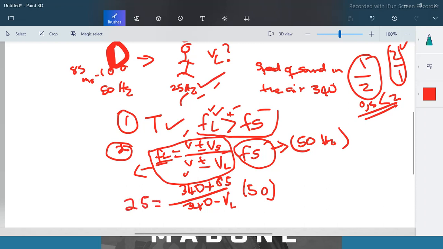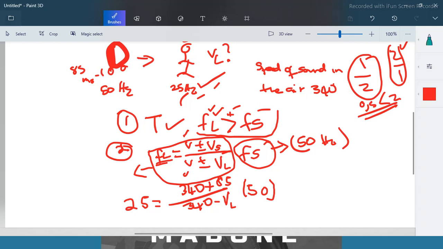From here, guys, it's just pure mathematics. What I usually do to save time is that because this 50 is multiplying this side, I take it to the other side, put it there as a denominator, and then cross multiply everything and find my VL.